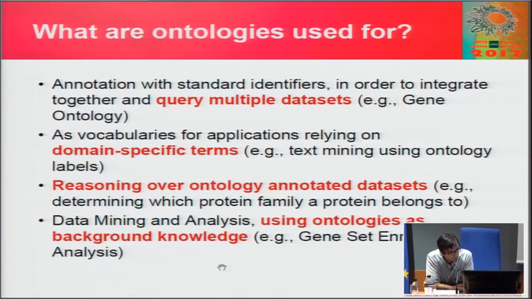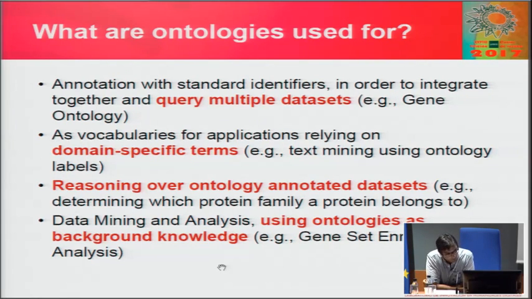So, to go into a little more detail as to what ontologies are used for within the biomedical sciences, I would say that there are four main uses of ontologies. I can group them into four different areas. The first use, and I think probably it was originally the primary use, was the annotation of data sets with standard identifiers.